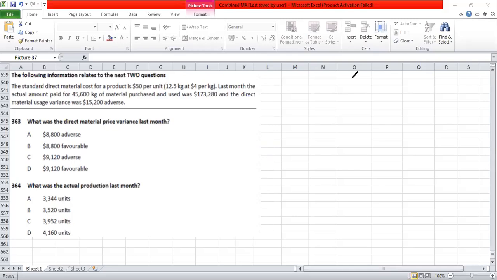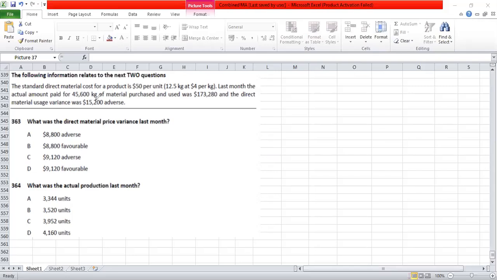There are details given. The standard direct material cost for a product is $50 per unit. That is the price, given per unit. Last month, the actual amount paid for 45,600 kgs of material purchased and used was 173,280.